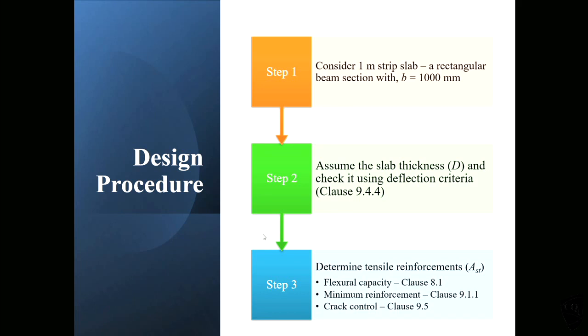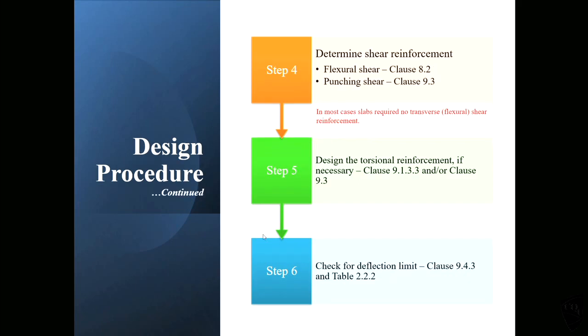Okay, so generally we will provide more steel than that. Flexural shear we don't need actually. Punching shear we need to check according to clause number 9.3.